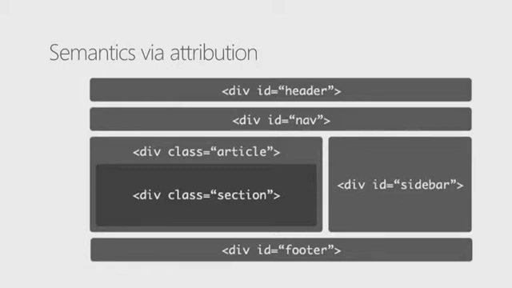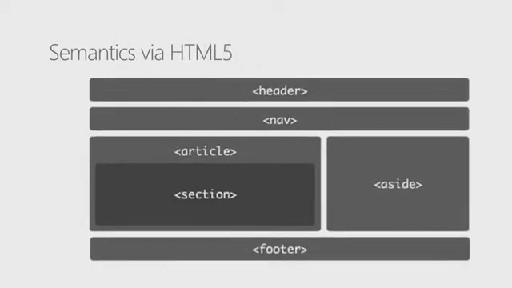So why not just formalize all those things that are typically done in web apps today? So these semantic tags are made available so that instead of having an ID or a class to give that attribution, let's make it a first-class citizen within the markup.